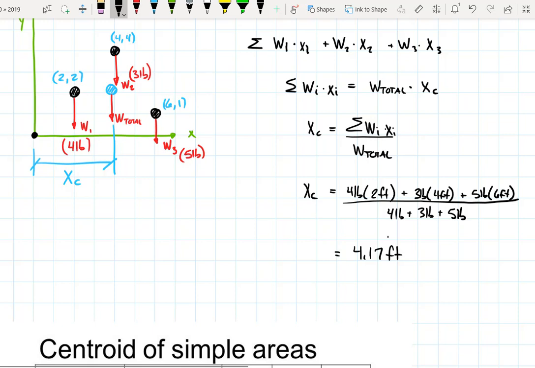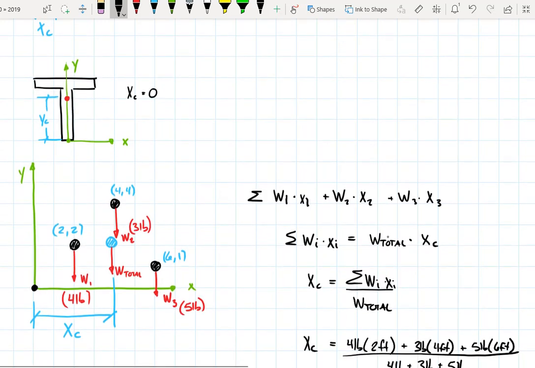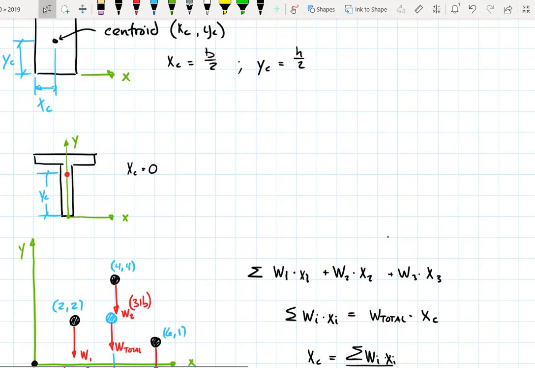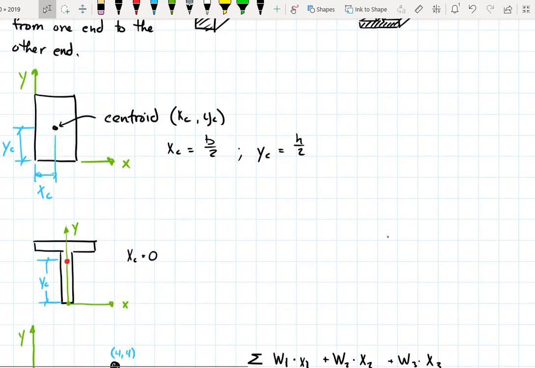So this is the process I want to do. I want to generalize it because I'm not dealing with weights, I'm dealing with areas here. So this is the area of 2 rectangles when I talk about the T beam, or the area of a single rectangle with the one there.